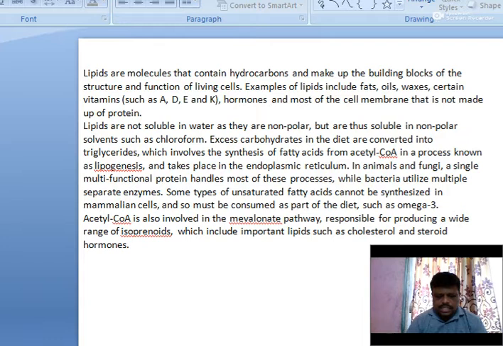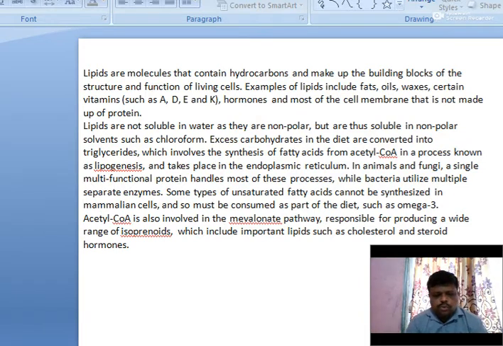In saturated fatty acids, there is no double bond present between the two carbon atoms in the long hydrocarbon chain. For example, palmitic acid and stearic acid, found in animals and also in a few plants.